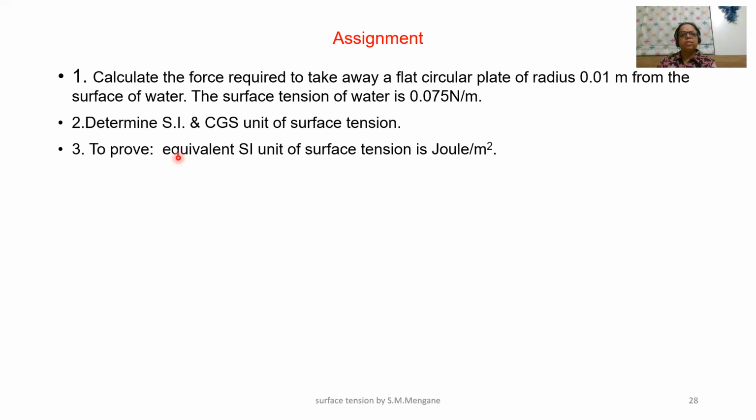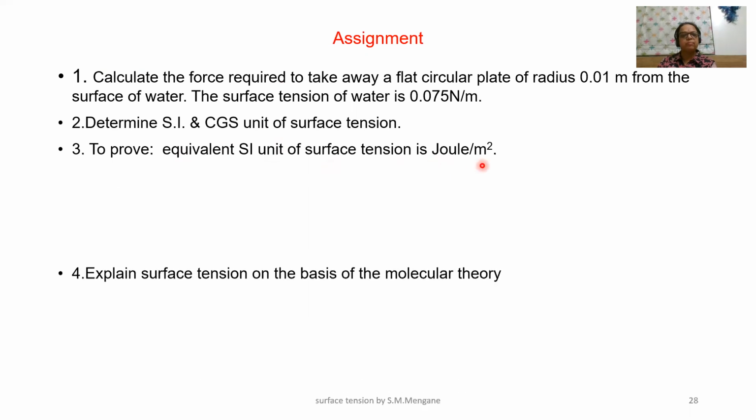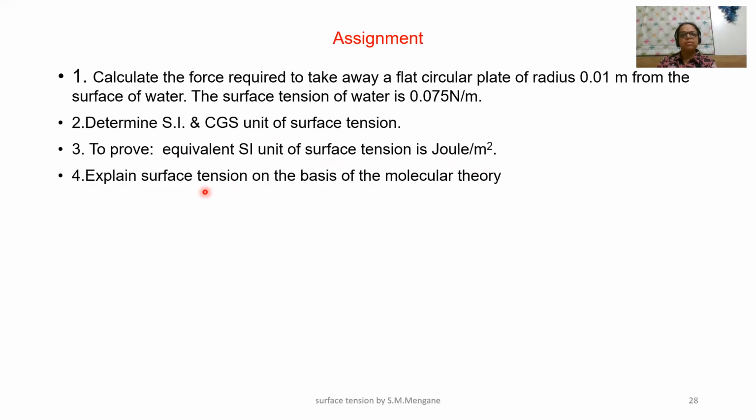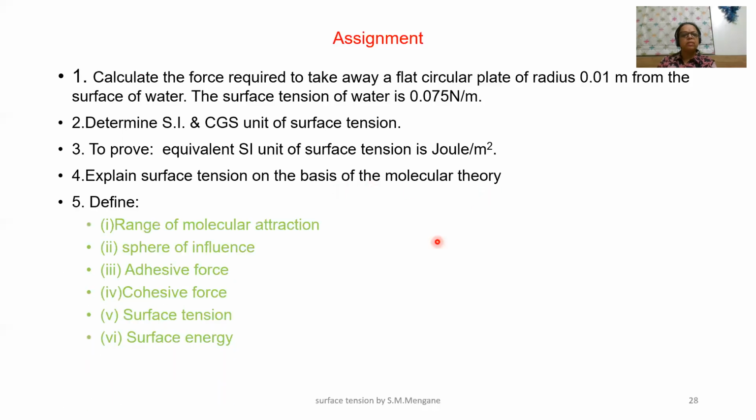Prove that the equivalent SI unit of surface tension is joule per meter square. Explain surface tension on the basis of molecular theory. Definitions may be asked, that is, define range of molecular attraction, sphere of influence, adhesive force, cohesive force, surface tension, and surface energy.